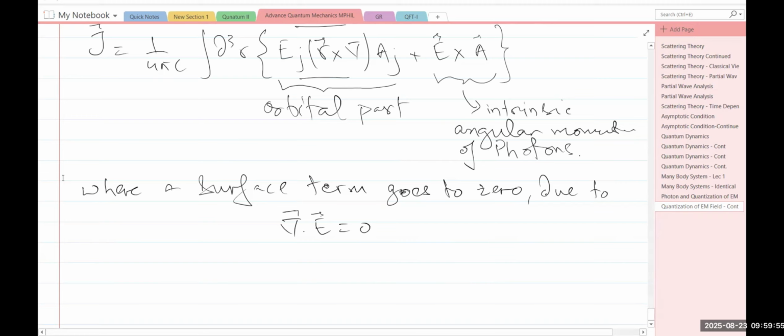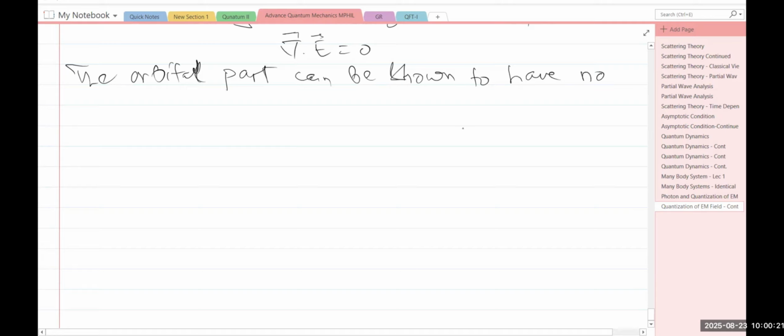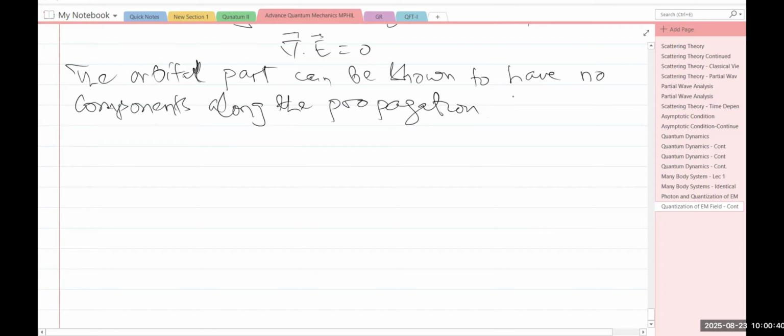So the orbital part, which is not so important, not so interesting rather, can be shown to have no component along the propagation of the EM waves.